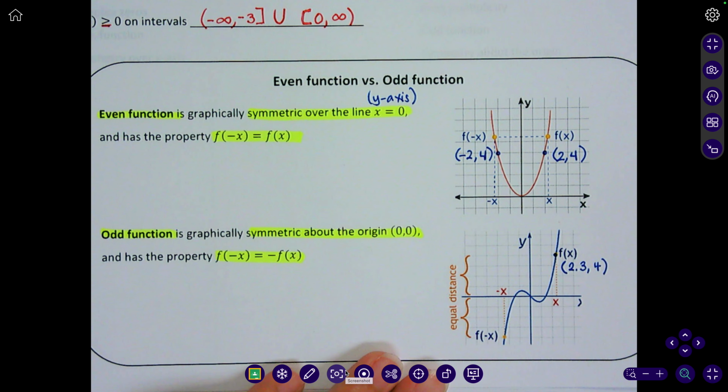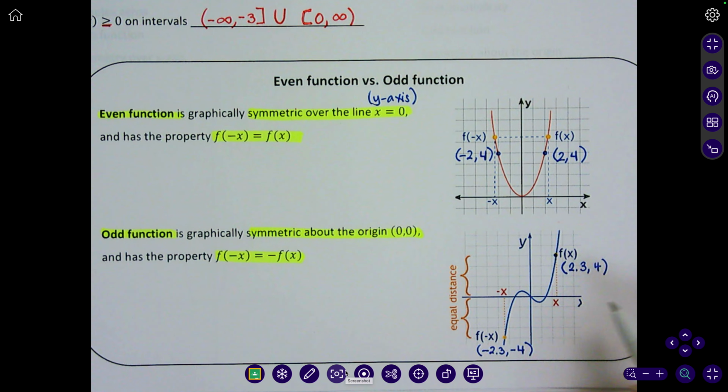Let's put that point there. This point is going to be (negative 2.3, negative 4). So what you can see is that your x values are the opposite of each other. Your y values are also the opposite of each other. So one is positive and one is negative. That's what makes it an odd function.